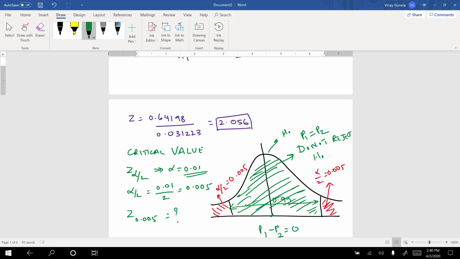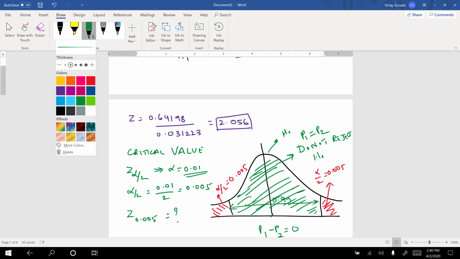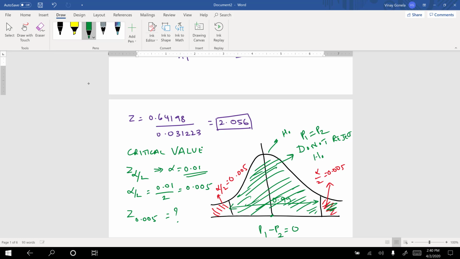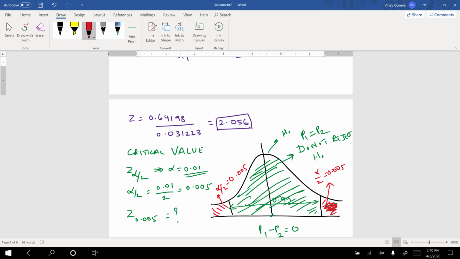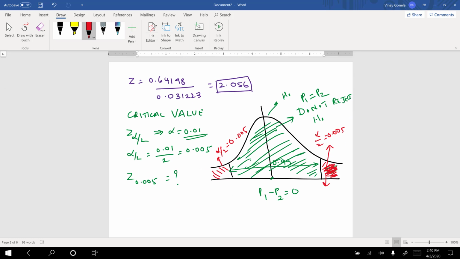So if you see this region, because it's the positive side of the number line, p1 will be greater than p2. That means the alternative, p1 not equal to p2, will be true in this region.